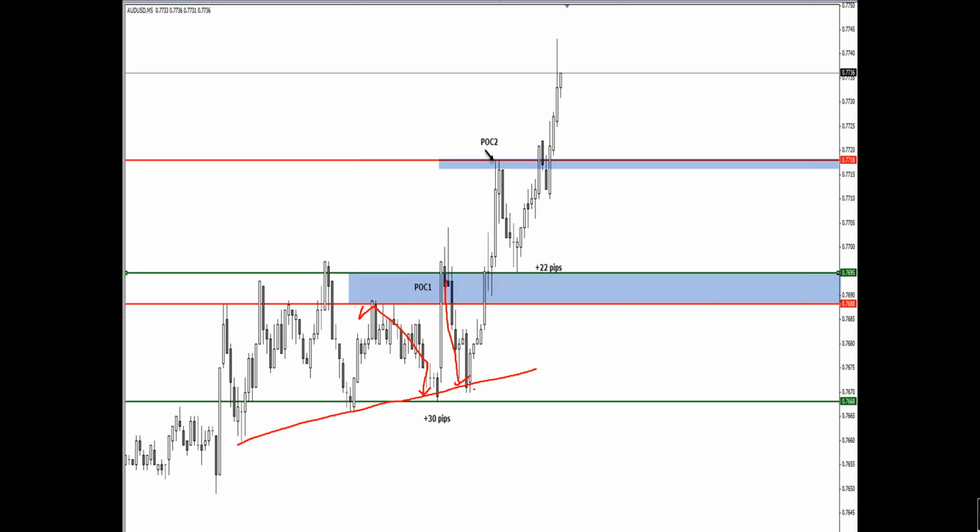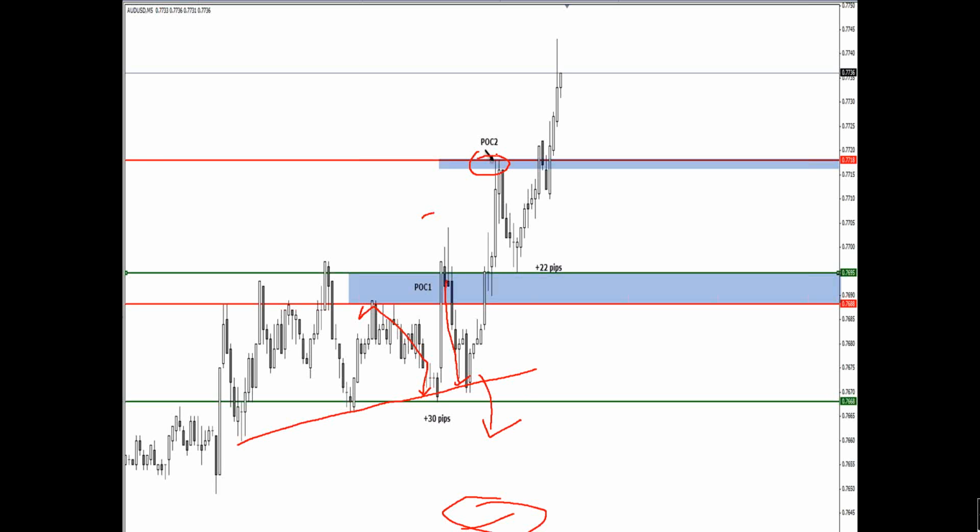Now you can see it's a double bottom here, and the pair cannot go down. You just do not leave the trade for this profit zone, because there is a chance that the trade will come to POC2. And it came to POC2, to the pip. Look at this. You can check it.